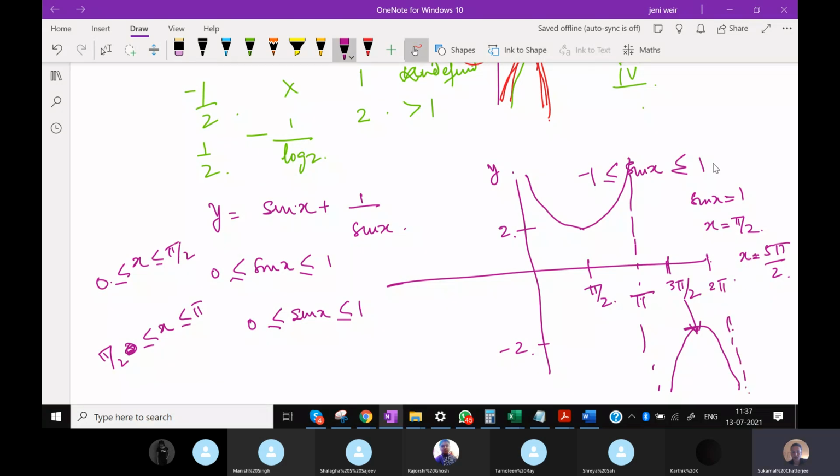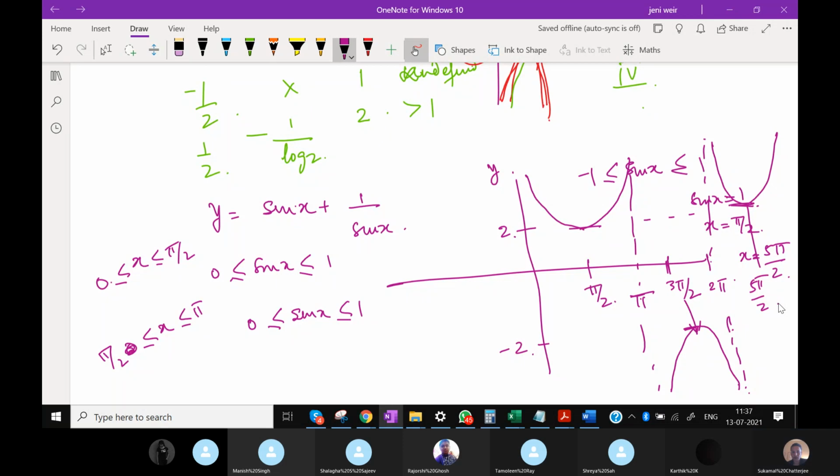From 2 pi to 3 pi, again, the graph will come in the first quadrant. So this would be the behavior of this graph when it is a sine function.